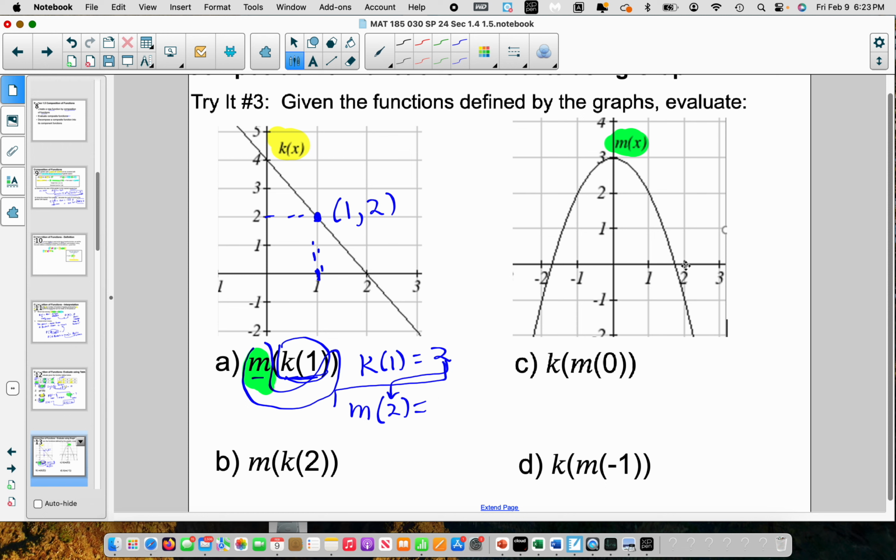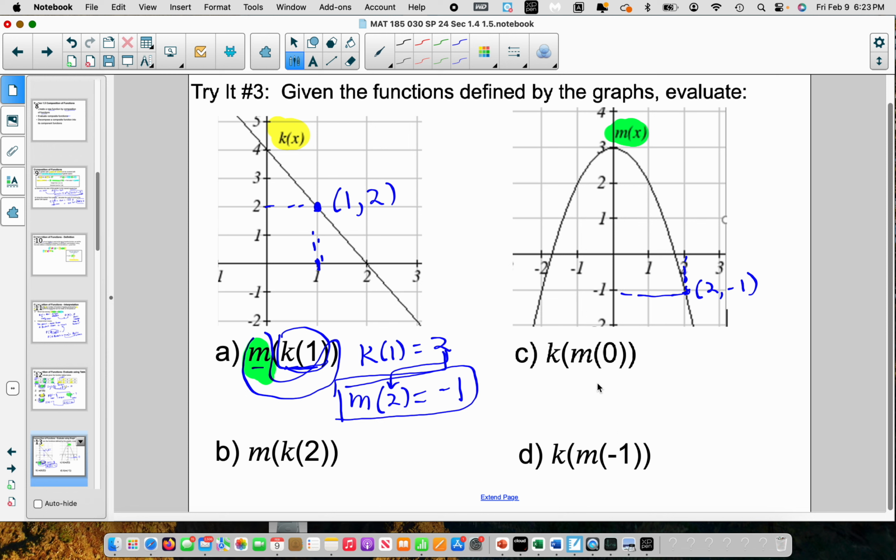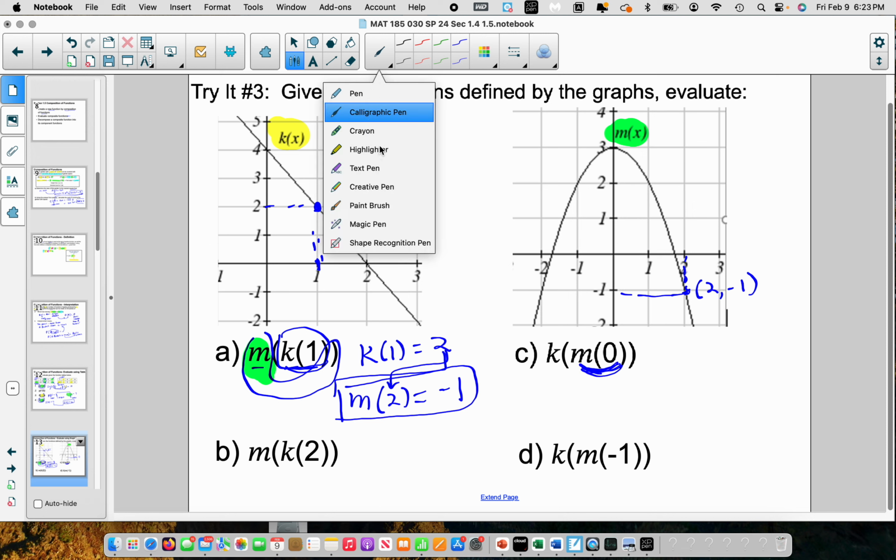Here's 2, my input. My output is negative 1. So when I input 2, I output negative 1. All right, we can go in reverse. We can start with the m function, m of 0. I'm going to evaluate that first. Now m is my inside function.